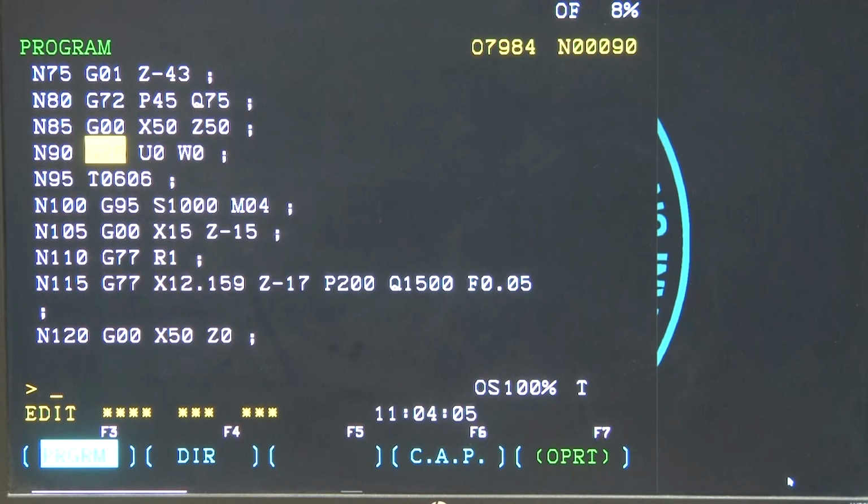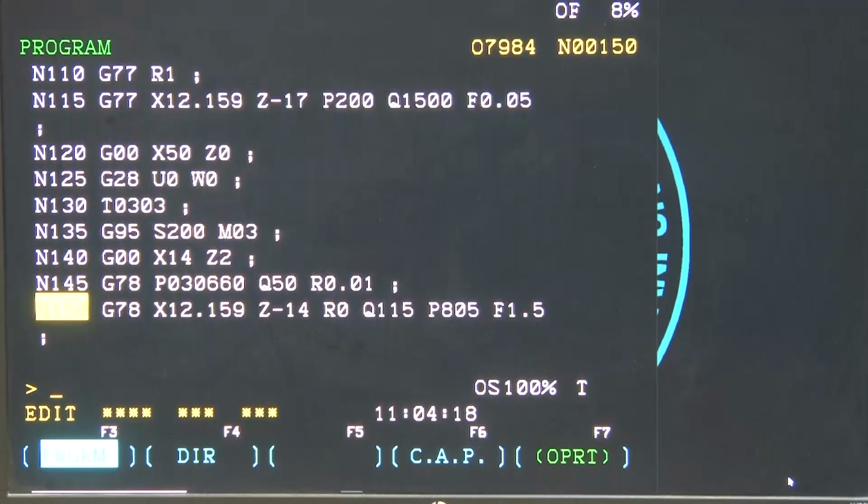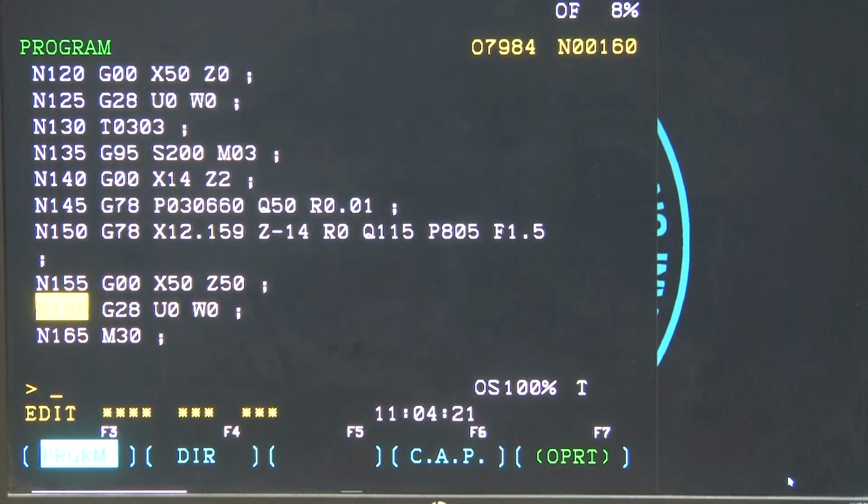So, when you are making the program, you have the part, and it is not so difficult because you have the tables from where you can find out the G code and M code, and the coordinate values you can find from the dimensions given in the drawing.